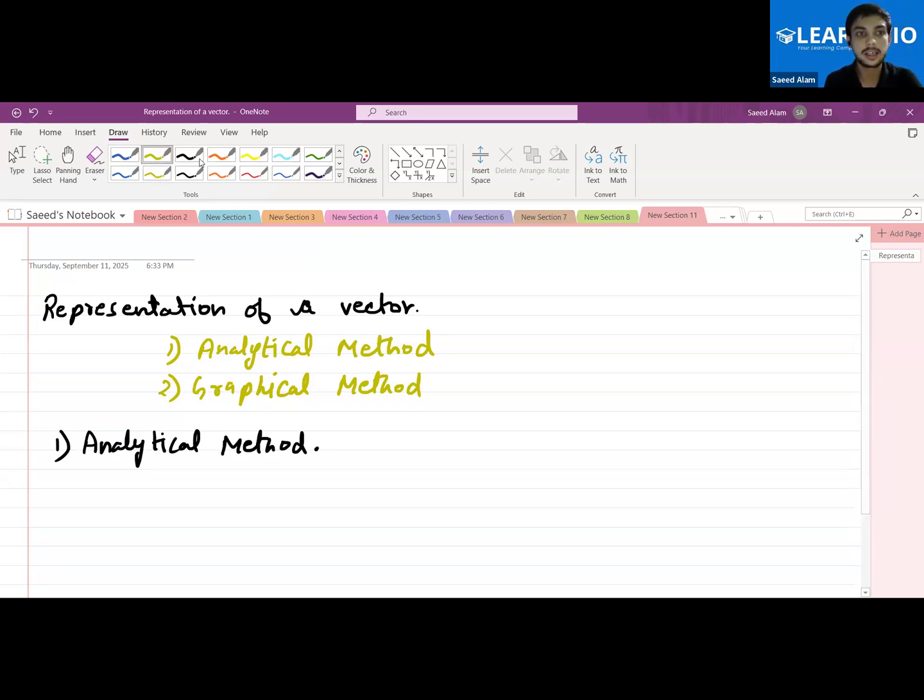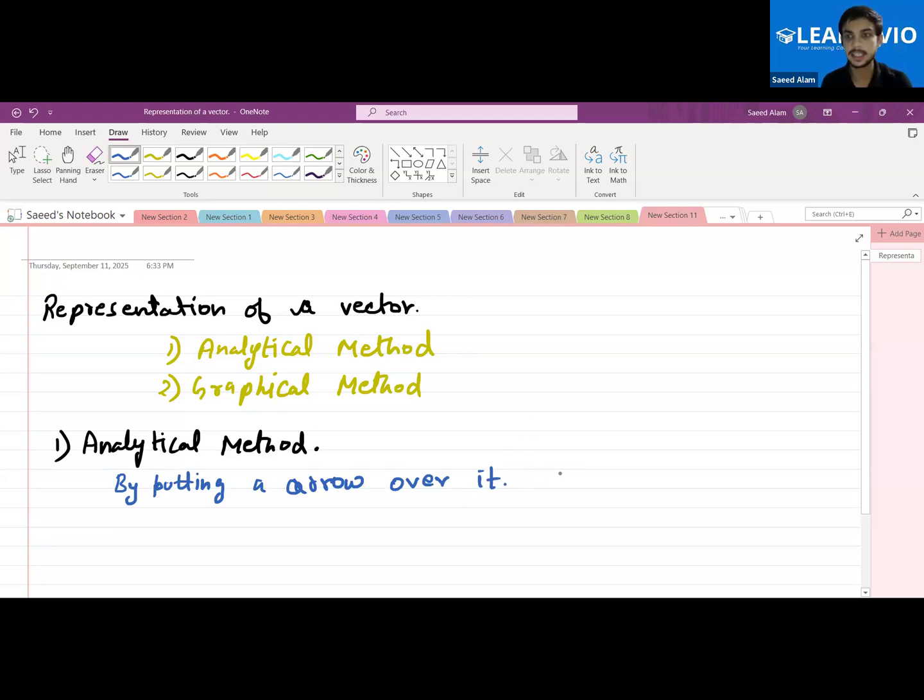We represent the vector by putting a bar, an arrow, over that particular letter or word.